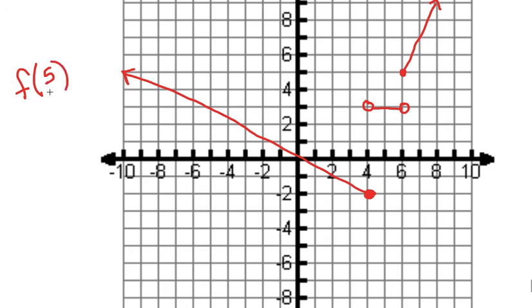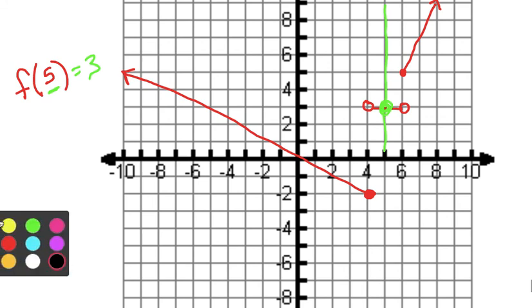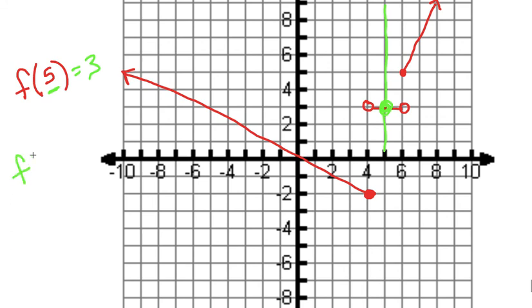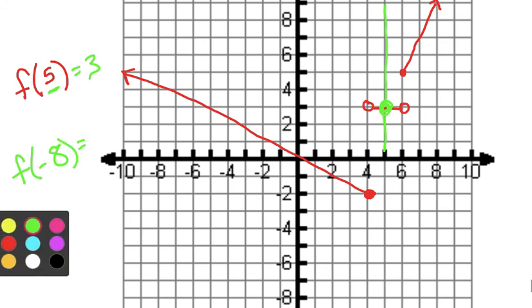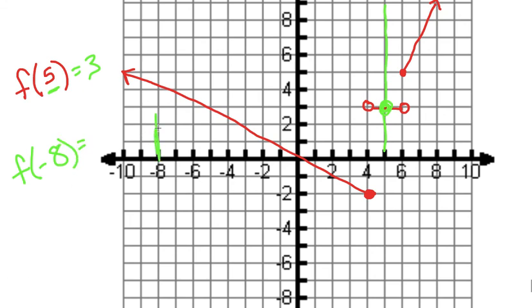First thing you need to do is figure out where 5 is on the graph. I would go along, find 5, which is right here, and I'm just looking for whatever y value I'm using, which would be 3. Or, if I said f of -8, I need to go find -8 on the graph, find the y value that matches up with it, which in this case would be 4. So that's how you go through and evaluate a piecewise function.